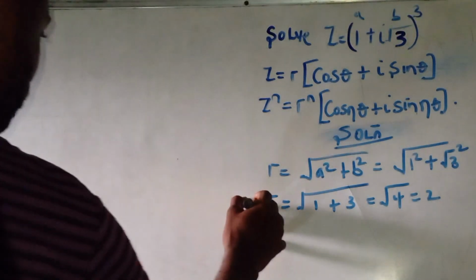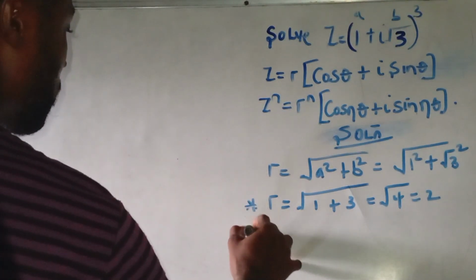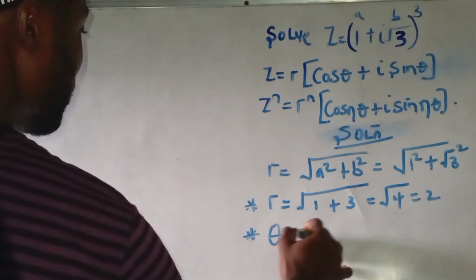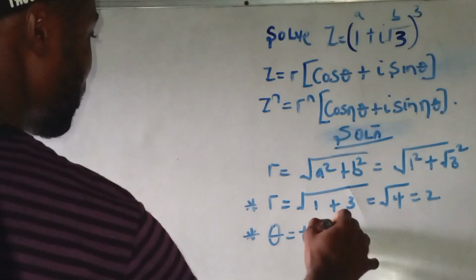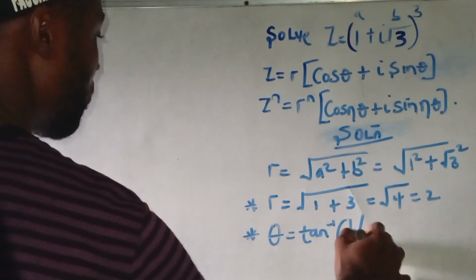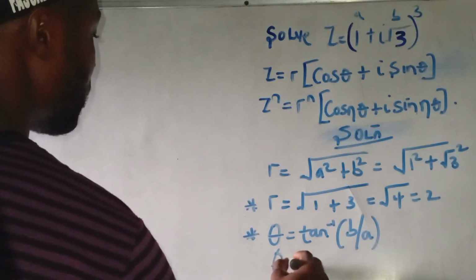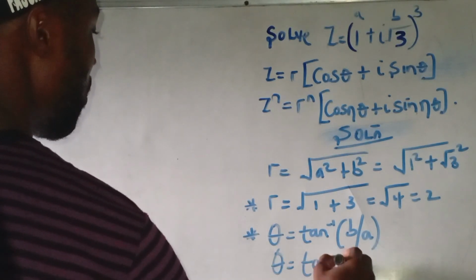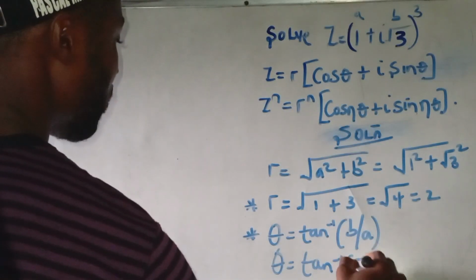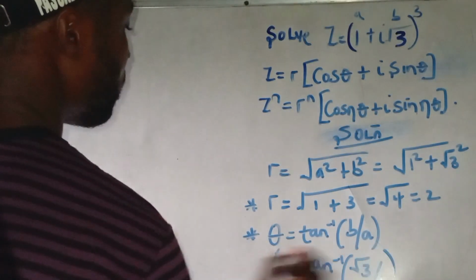That is step 1. Then step 2 is that the argument is always equal to what? The tan inverse of b all over a. So theta is equal to tan inverse of my b, square root of 3, divided by 1.